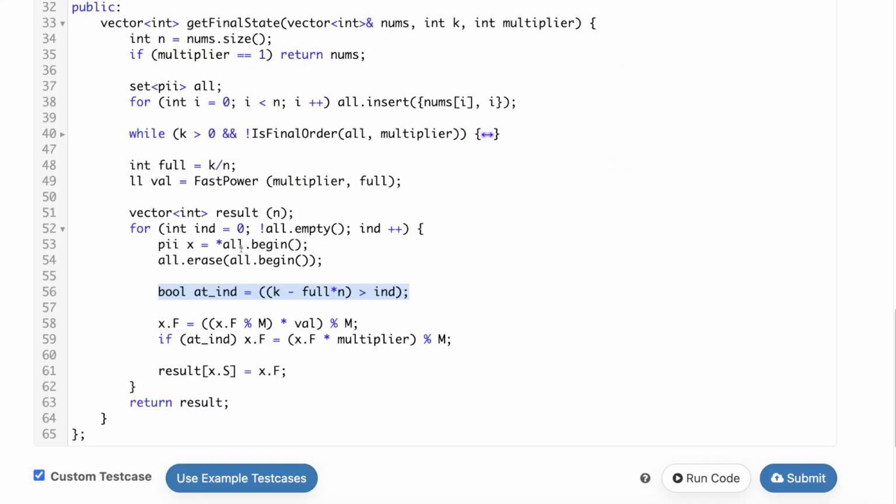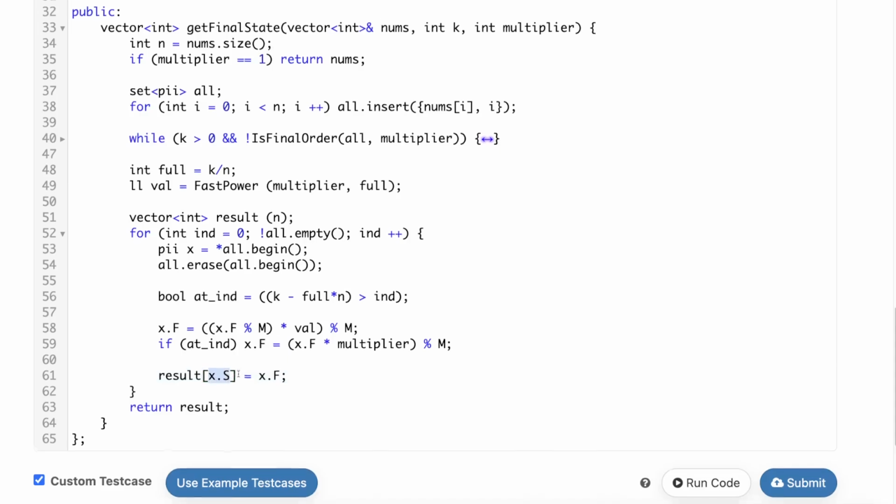So that's why we are still iterating from the smallest to the largest, right? So at this state, we'll simply compute whether this will need an extra operation or not. If it does, we will simply multiply that as well. Otherwise, we'll simply multiply with the val itself, right? And after that, we'll simply put this value at this particular index, right?